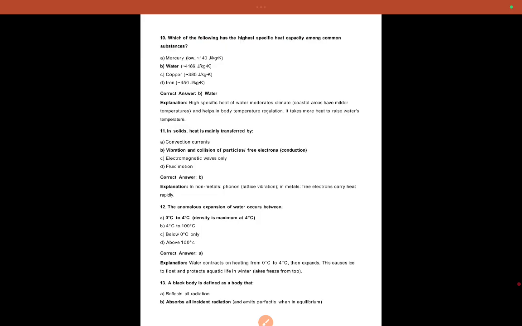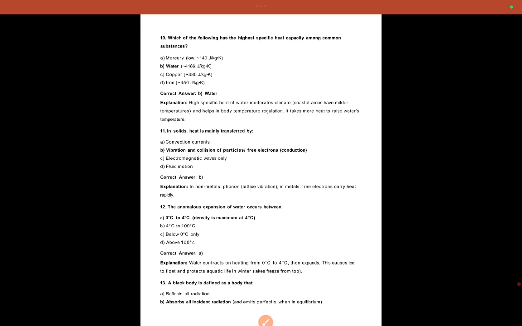Question number 10. Which of the following has the highest specific heat capacity among the substances? Mercury, water, copper, iron. The answer is water. High specific heat of water means a moderate climate.